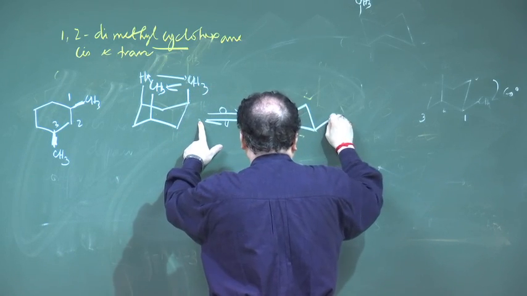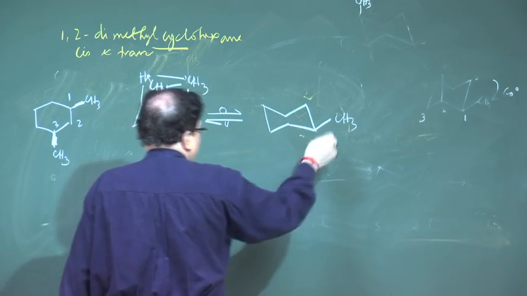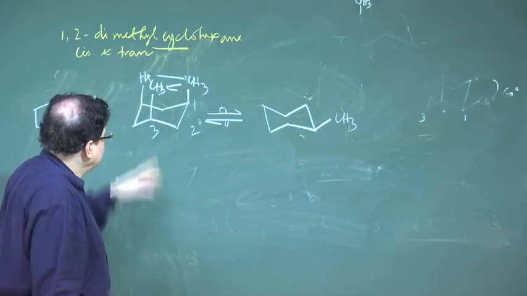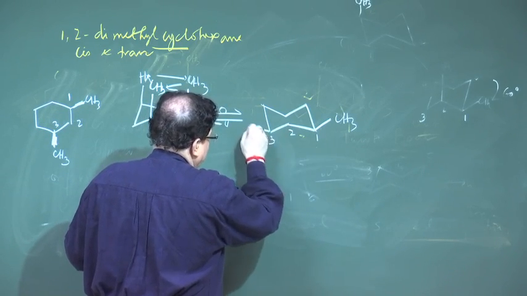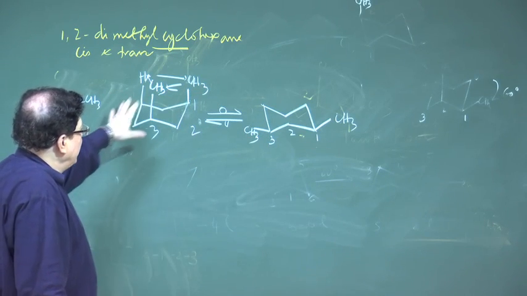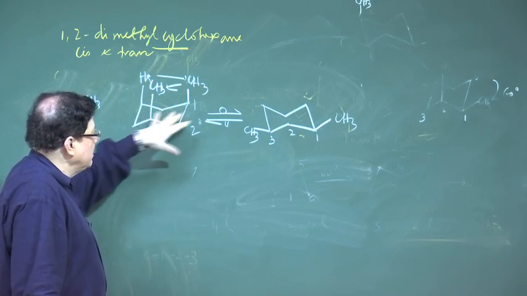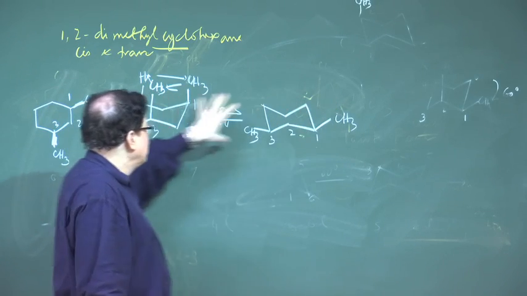This carbon comes here, so that is your 1, 2, 3. This carbon comes here, and this carbon is at the 3 position. So, there will be a huge difference in the population between this and that. The molecule mostly exists in this form, because the other is so unstable.